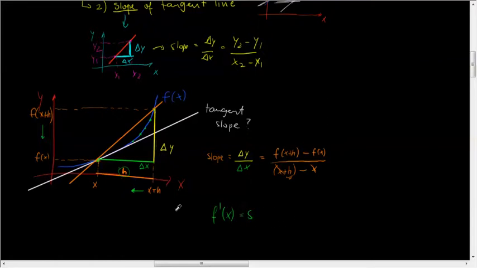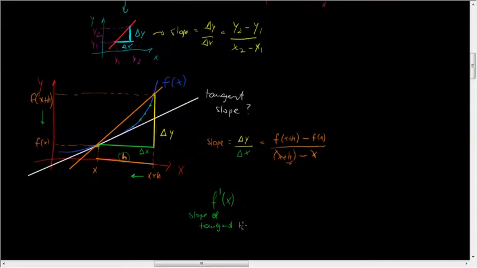I'll write it here, it's the slope of the tangent line to f of x, and it will be defined as the limit when h goes to 0 of this expression here, f of x plus h minus f of x divided by h.